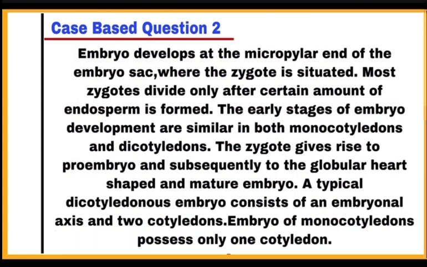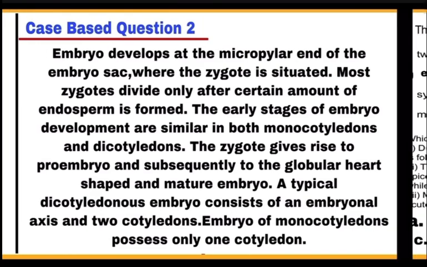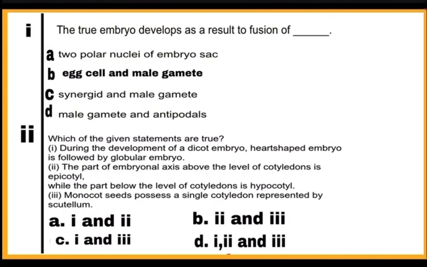Case-based question number 2. This is related with development of embryo in the embryo sac of monocotyledons and dicotyledons. Read the complete paragraph, analyze all the information and then answer the given questions. Question number 1. The true embryo develops as a result of fusion of.